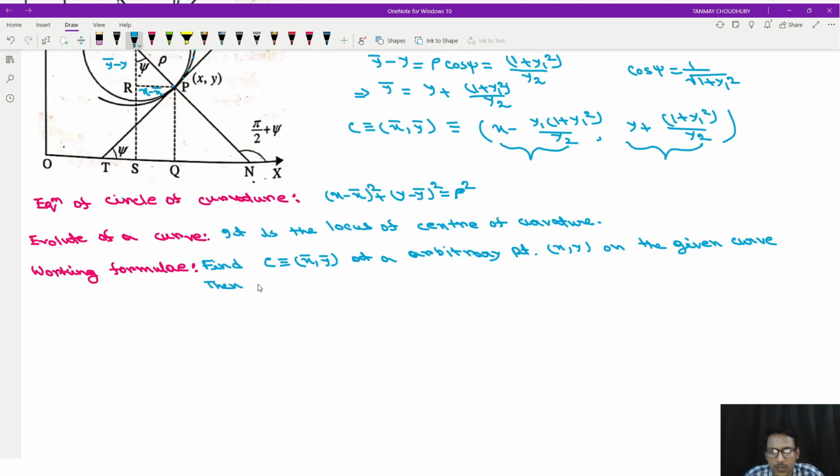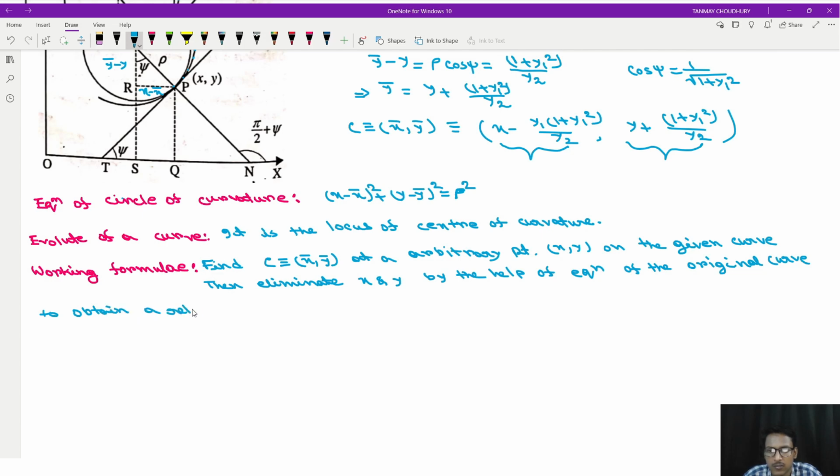Then eliminate x and y by the help of the equation of the original curve, to obtain a relation between x bar and y bar, and it will denote the equation of the evolute.